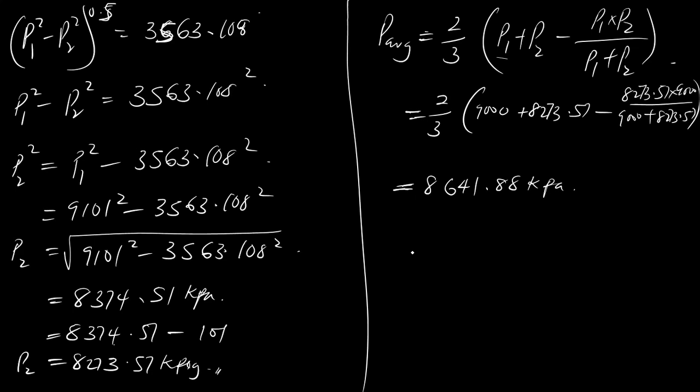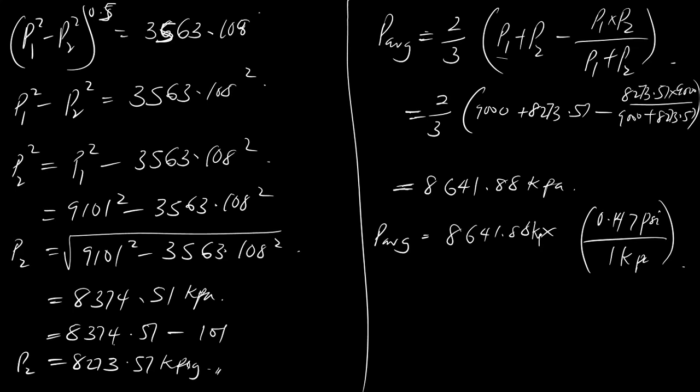So now we need to change the average pressure to PSIG. To change this to PSIG, 0.147 PSIG is equivalent to 1 kilopascal.